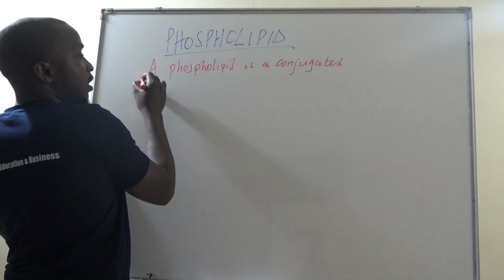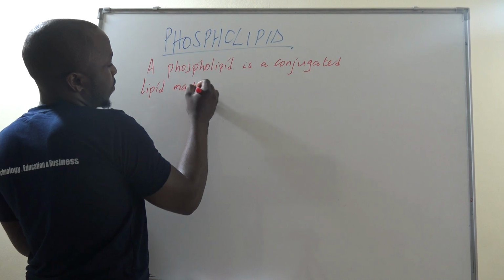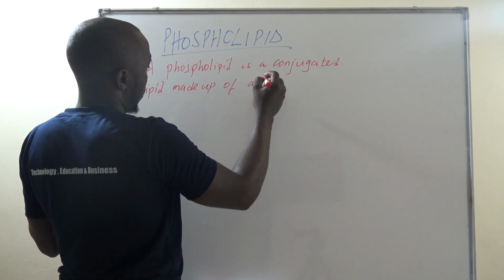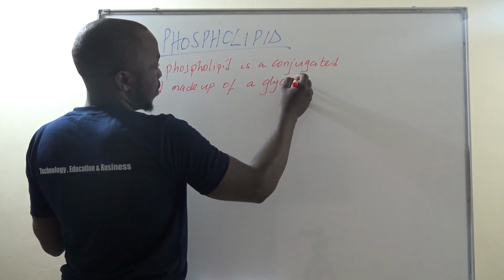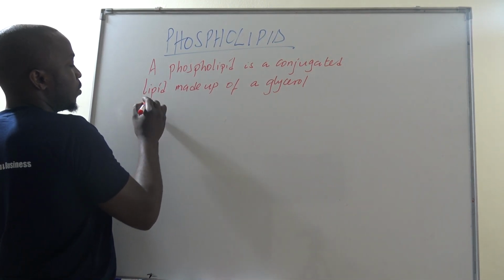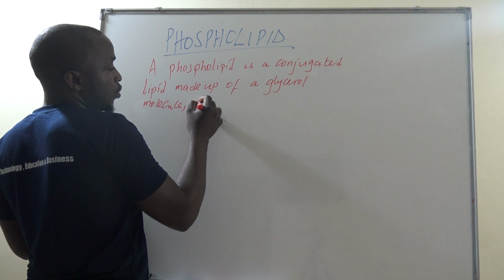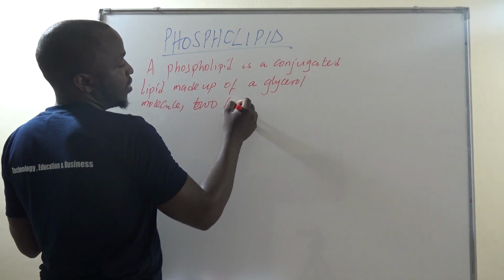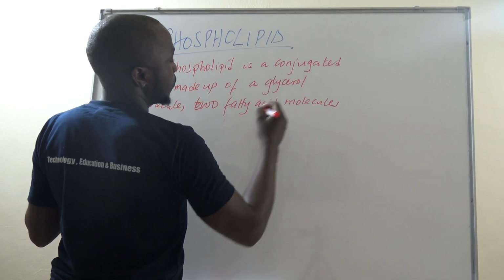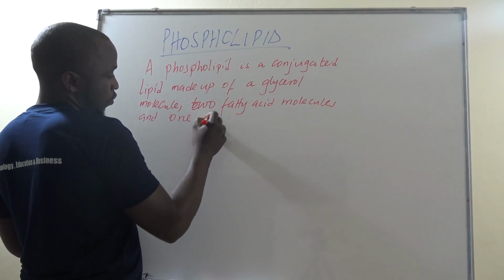A conjugated lipid made up of a glycerol molecule, two fatty acid molecules, and one phosphate group.